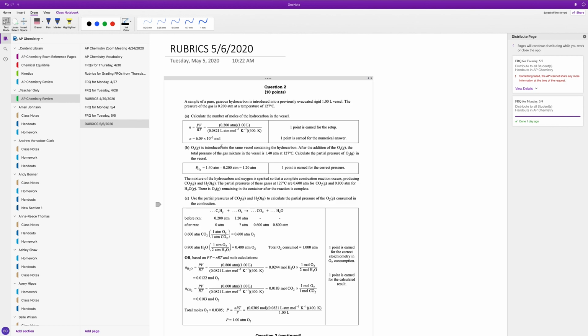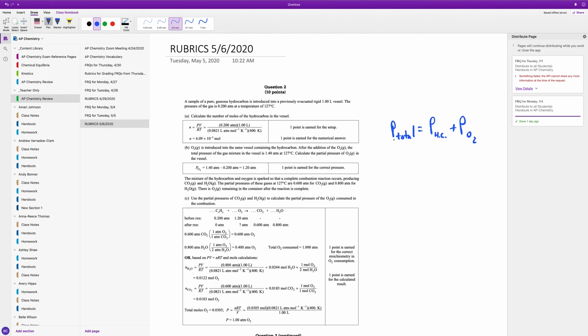Oxygen's introduced in the same vessel. The total pressure goes up, so that extra pressure is due to the oxygen. So you subtract out the original pressure, the 0.2 atmospheres, and you have that extra pressure added in there. To summarize what's happening here, the total pressure is the sum of the pressure of the hydrocarbon, I'll just abbreviate that HC, and the pressure of the oxygen.